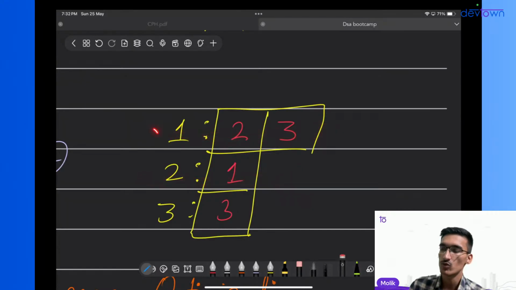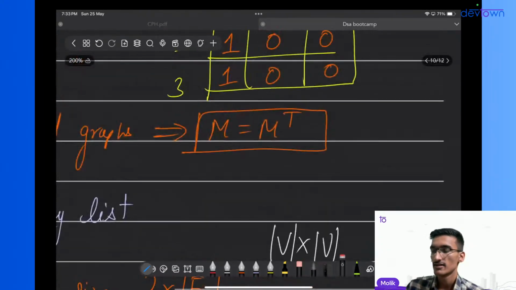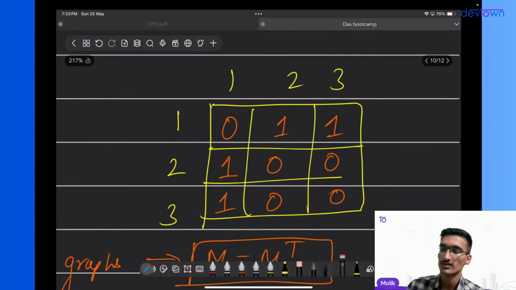So if you find 2 in the array of 1 or 1 in the array of 2, then you say yes. Otherwise, you say no. And what's the complexity of this? O of n. Whereas in a matrix, the complexity of this is O of 1, right?